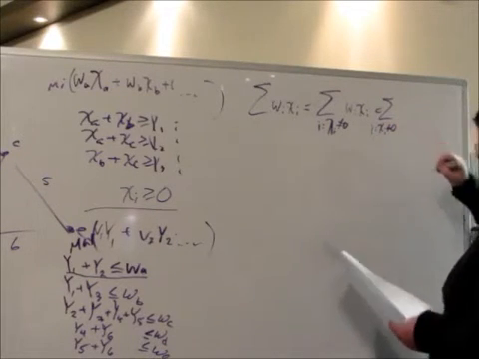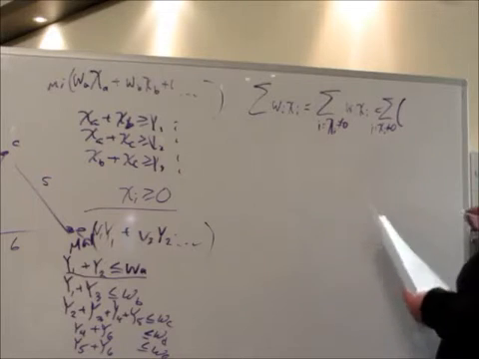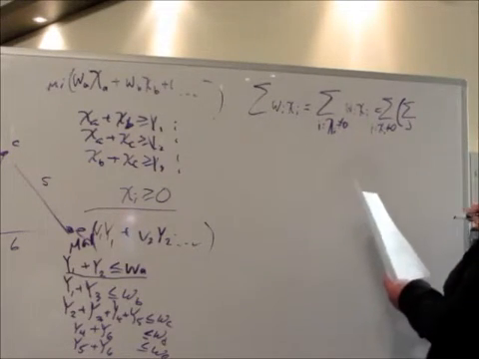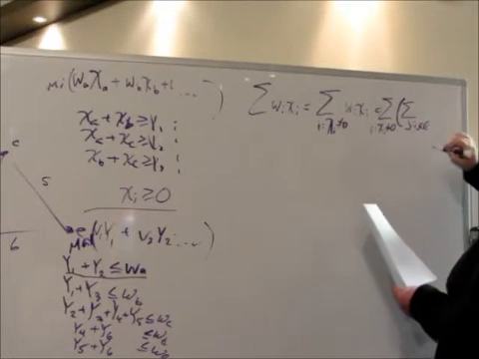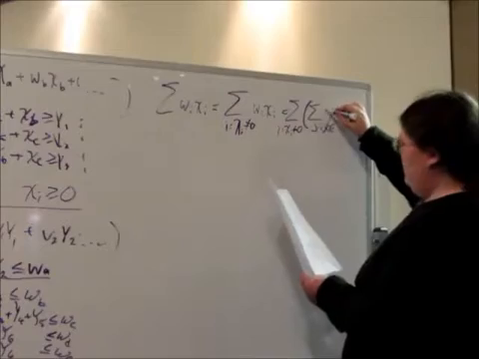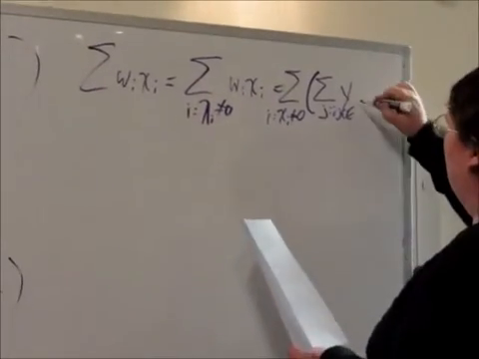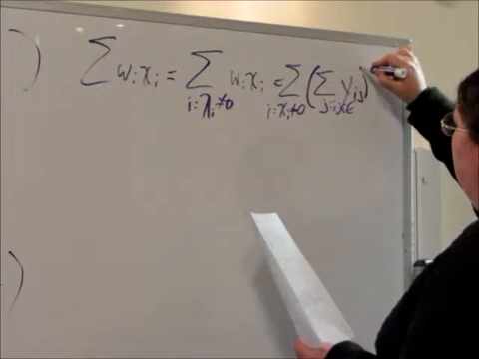But I'm going to replace wi with this: sum over j such that ij is an edge, of y_ij.